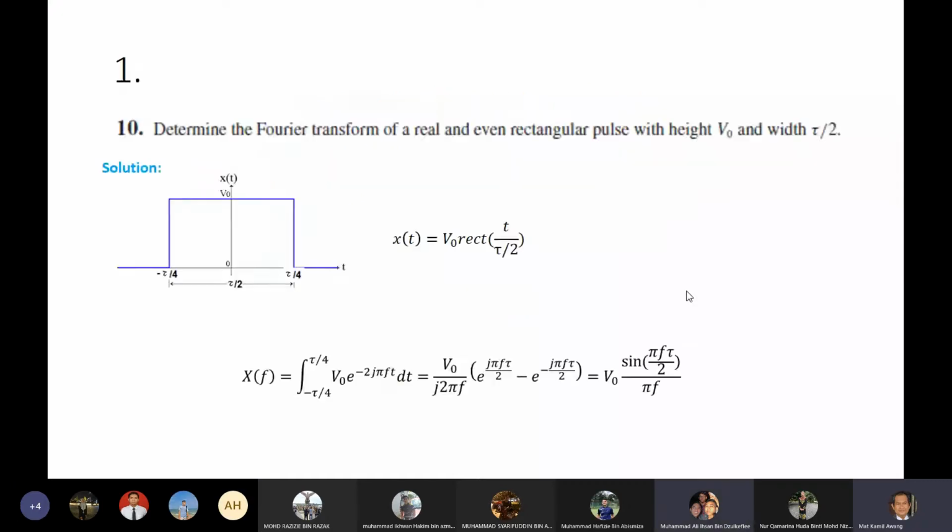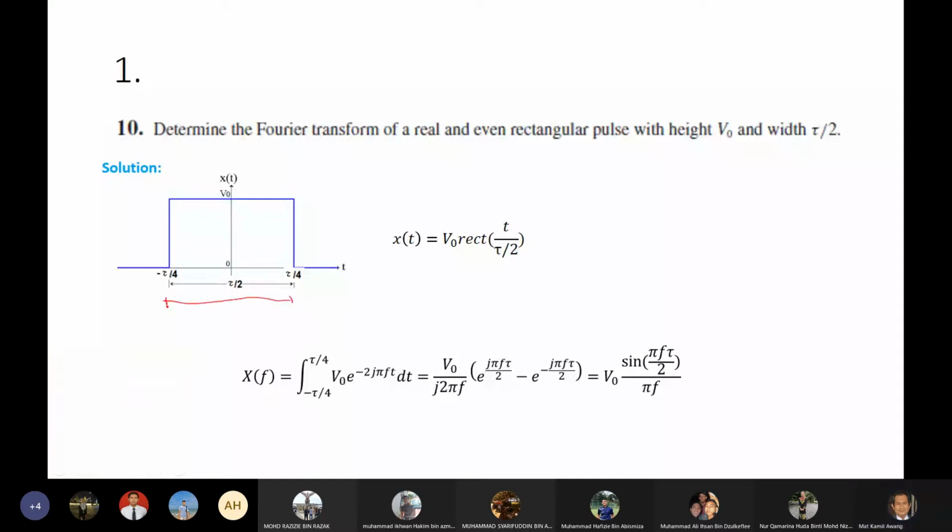Okay. This is question number 1. Determine the Fourier transform of a real and even rectangular pulse with height of V0 and width of tau over 2. So basically, the period is tau over 2 here.